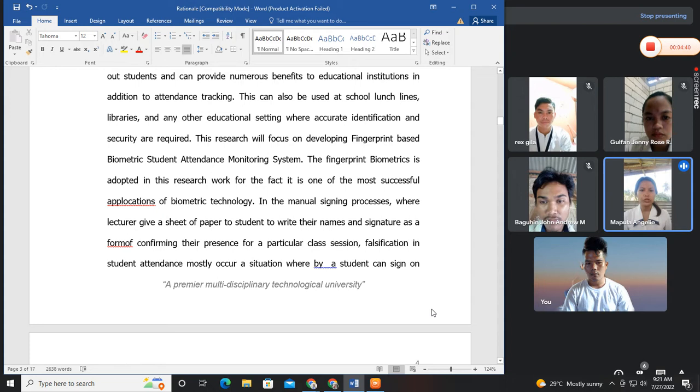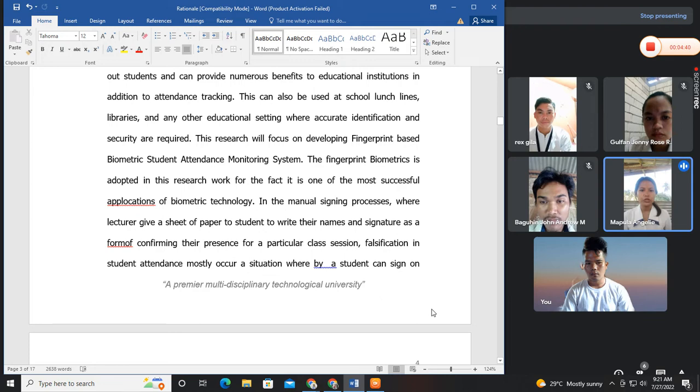In the manual signing process, where the lecturer gives a sheet of paper to students to write their names and signatures as a form of confirming their presence for a particular class session, falsification of class attendance can occur, a situation whereby a student can sign on behalf of his or her colleague as being present in the class. This can be so difficult to prevent, especially in a large class, where it also takes longer.